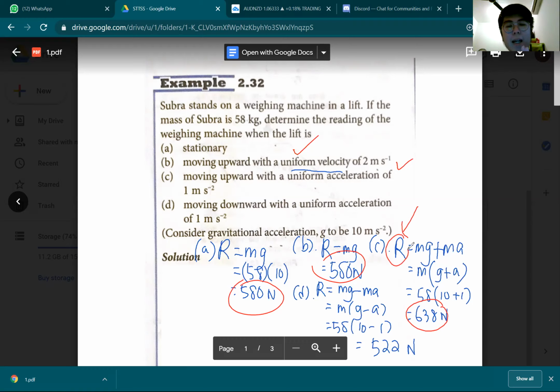So you will feel you are heavier because R increased. And for D, the reading decreased, right? So you feel that you weigh less in the lift. That's what it means.